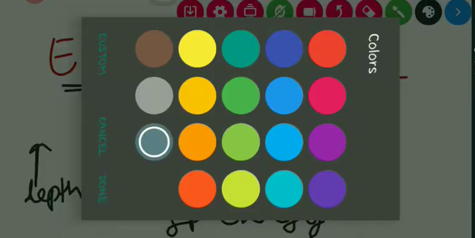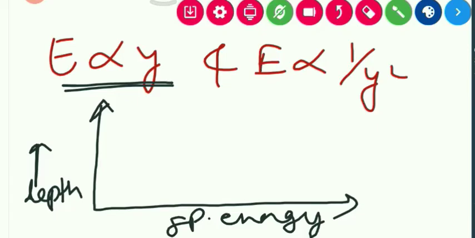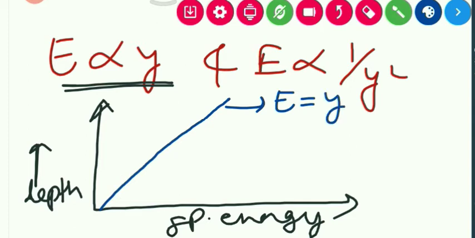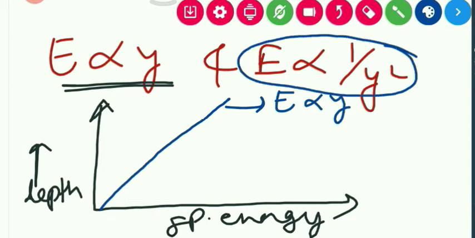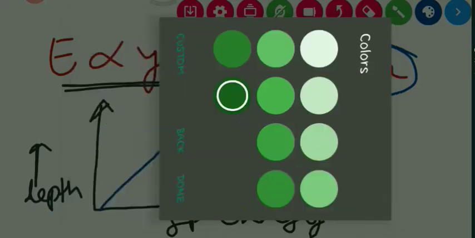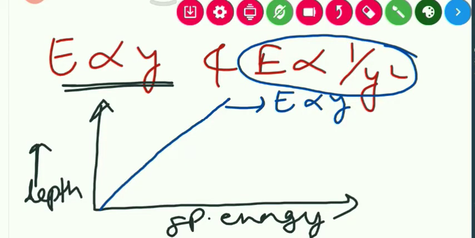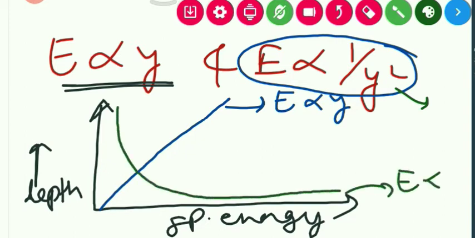This will be a straight line, E directly proportional to y, and for the other term, this is the equation of a rectangular hyperbola. What is the graph of a rectangular hyperbola? It is like this, and this term is E inversely proportional to y square.